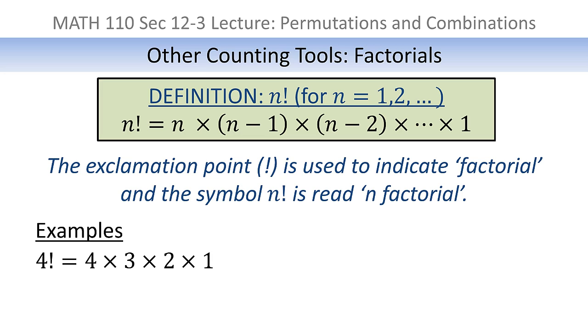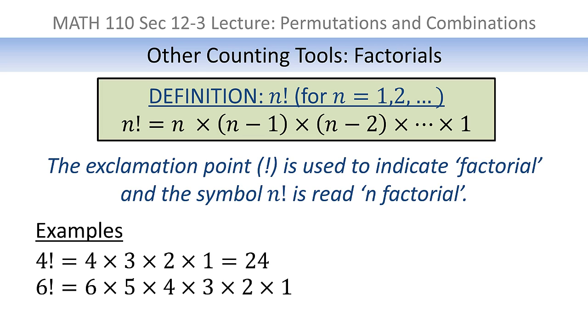You'd simply take 4 times 3 times 2 times 1, and you'd end up with 24. 4 times 3 is 12, 12 times 2 is 24, and 24 times 1 is 24. 6 factorial would be 6 times 5 times 4 times 3 times 2 times 1. If you calculate that, you'll end up with 720. Now 1 factorial, you're counting down, you get to 1, but when you write 1 down, you're done. So 1 factorial is 1.